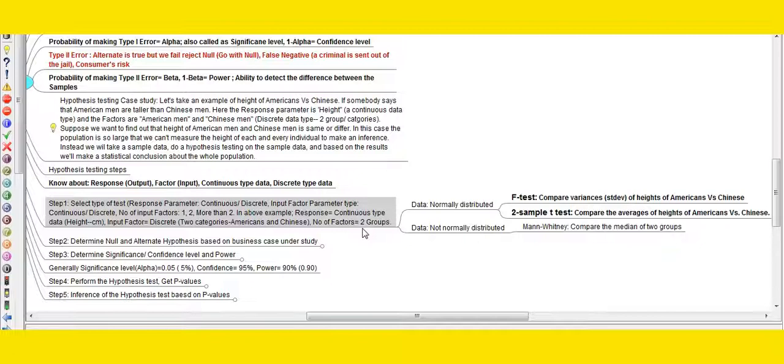If the data is normally distributed, there are two types of tests we do. One is the F test, which compares the variances or standard deviation of heights in the two distinct categories, which are Americans and Chinese.